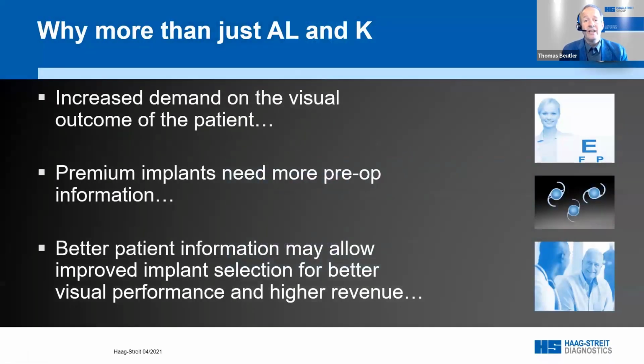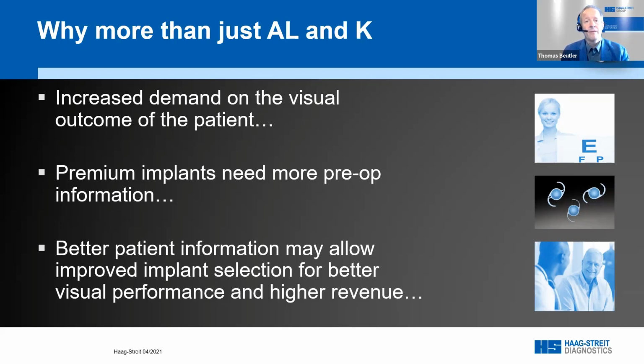So why do we need more than just axial length and keratometry for cataract application? Well, the answer is pretty simple. We do have patients which are more informed nowadays. I mean, we have the internet available all around. People are getting information from there, and from newspapers.